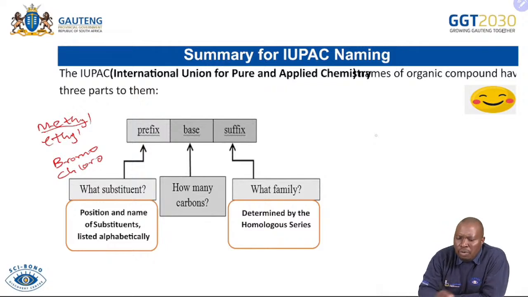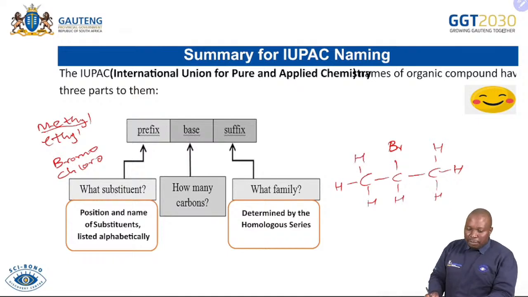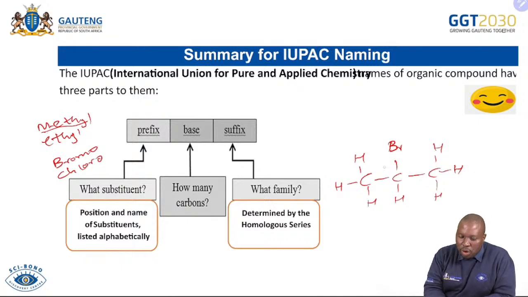But immediately when we move to 3 carbons, for example, when you have 3 carbons and a bromo there, let me draw the structure for you so that we can name it nicely. So remember, we said the name must start with the prefix. What is our prefix? It's a bromo. Now, I said we have only those 4 substituents that we talk about. So bromo is in which carbon?